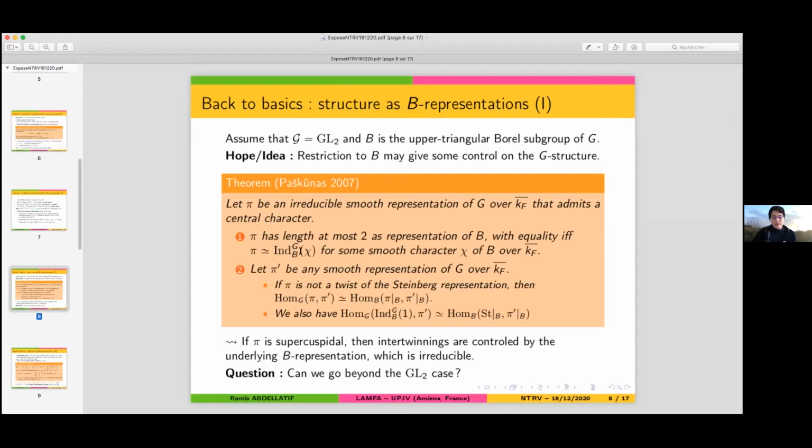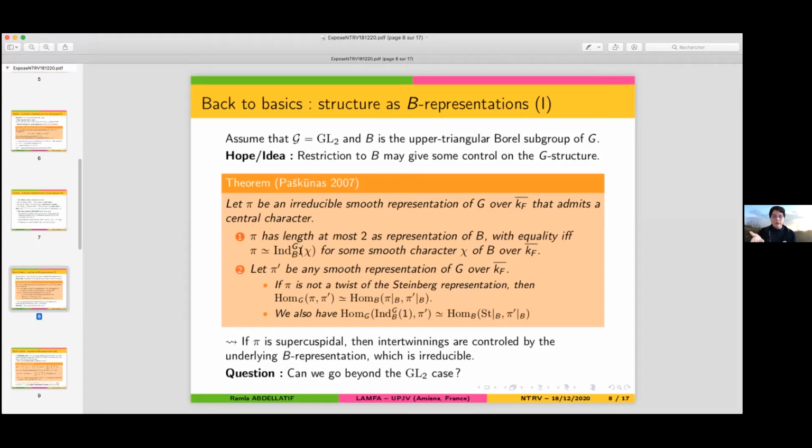Maybe I can say this a bit more in detail, because these representations are not very mysterious, okay? If they are non-supercuspidal, what can happen? Either you have an irreducible parabolically induced representation, and then you're in the case where the restriction to B is of length 2, because you can find the character chi as a quotient, and you prove that the kernel of the projection on chi is an irreducible B representation, okay?